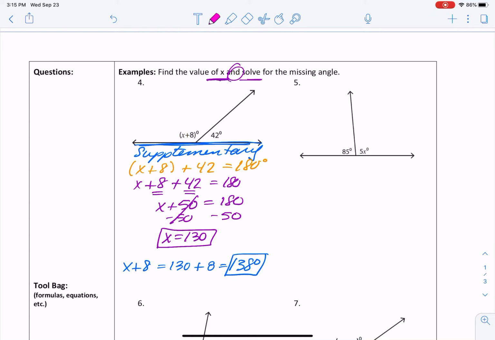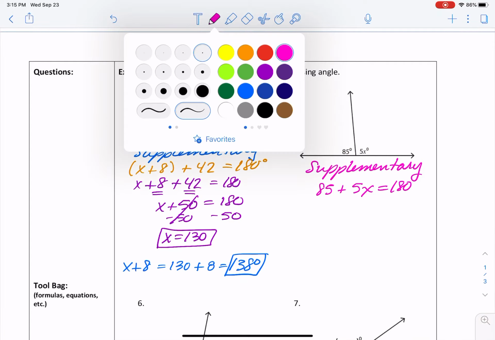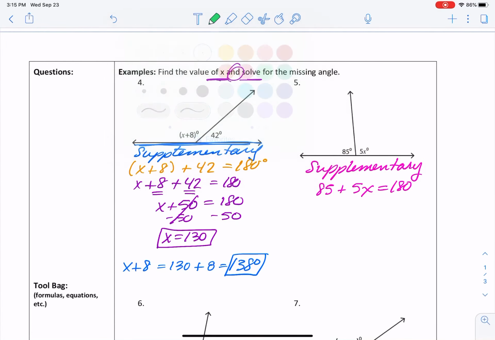For number 5, again, supplementary. And I say that 85 plus 5x equals 180. So I'm going to subtract 85 from both sides. 5x equals 95.